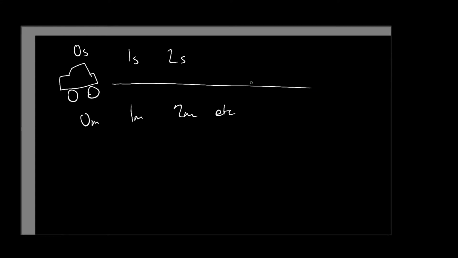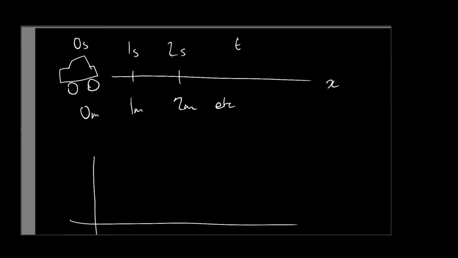You can see that it's moving along the x-axis, so we label that x. And it's moving through time as well, so we put in time. And so, if you're to graph this as an x as a function of time graph, because time went up by 1 second, the distance, or x, went up by 1 meter.